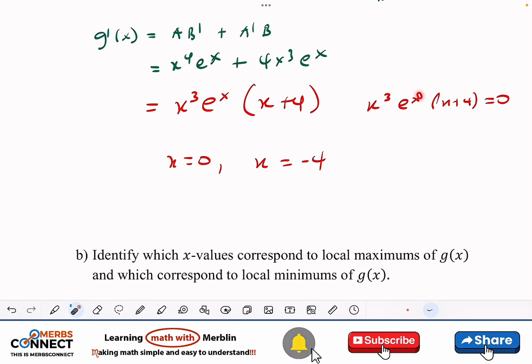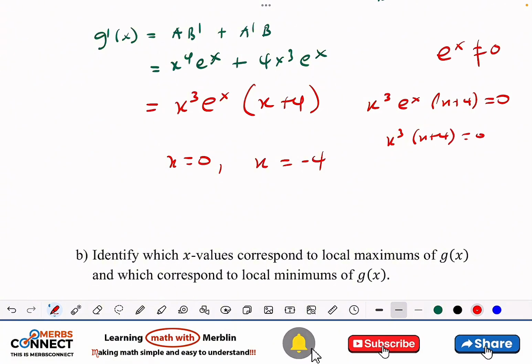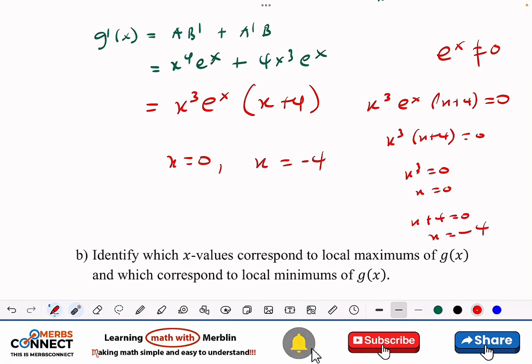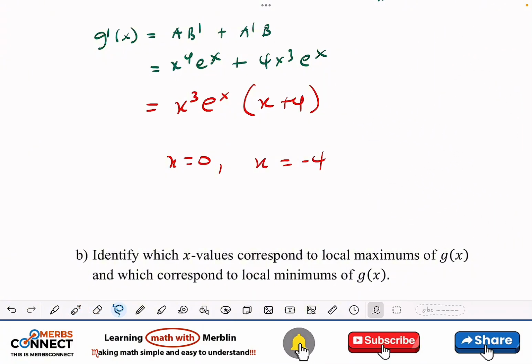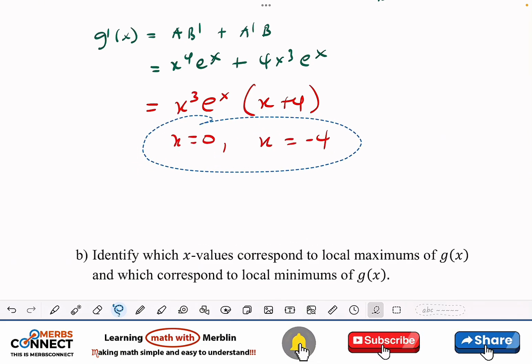Now this cannot go to 0, so I can divide through by e to the power x, and that one will just go. So I'm going to have x to the power 3, x plus 4 is equal to 0. Then x to the power 3 is equal to 0, so x should be equal to 0. x plus 4 should be equal to 0, so x should be equal to minus 4. So that's another way of figuring out if x is equal to 0 or x is equal to minus 4.